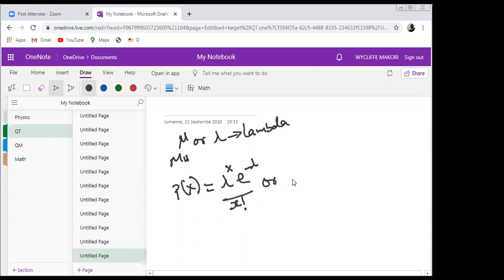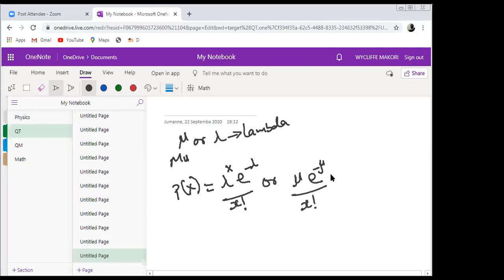Remember, this can also be written with mu, times E power negative mu, over X factorial. And I want to repeat here, when we have factorial, if, for example, we have 10 factorial, it is 10 times 9 times 8 all the way up to times 1. If we have 20 factorial, we start from 20 times 19 times 18 times 17 all the way up to times 1. Then this E is a constant that you can get in your calculators.